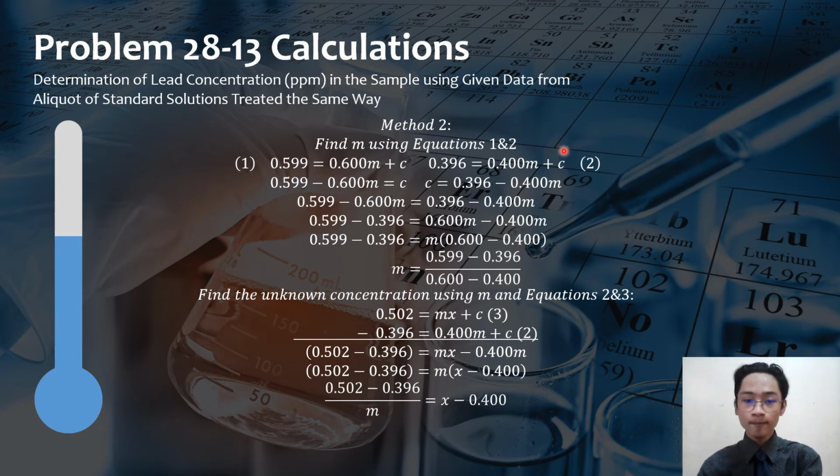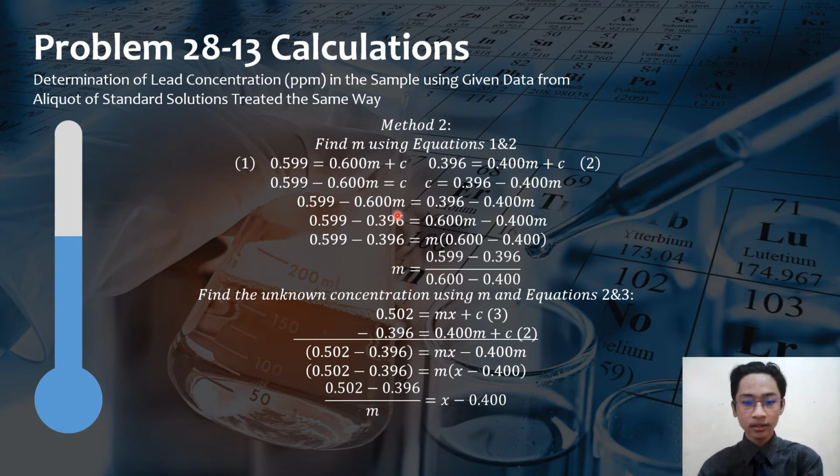So finding m using equations 1 and 2, we transpose or find the equation in terms of c. Then the value of c in the equations is equated to each other. So we get this equation.